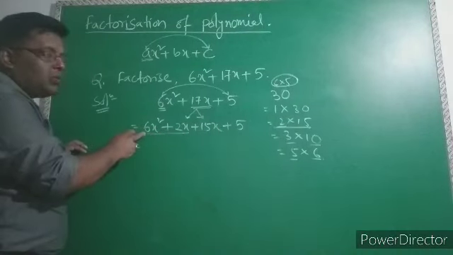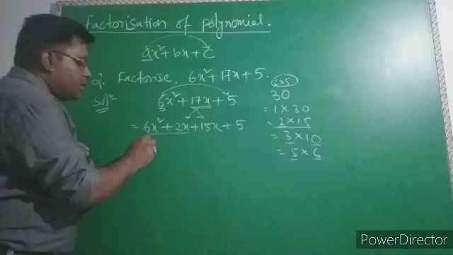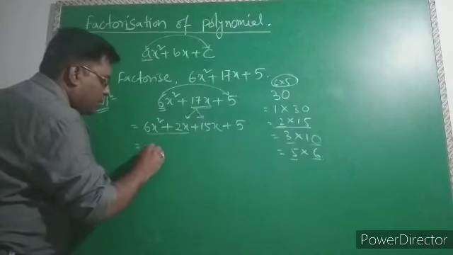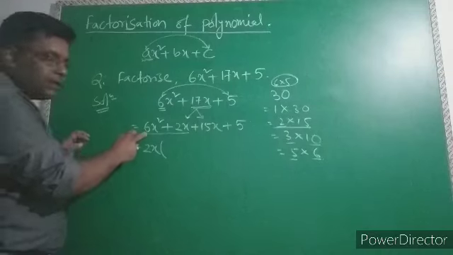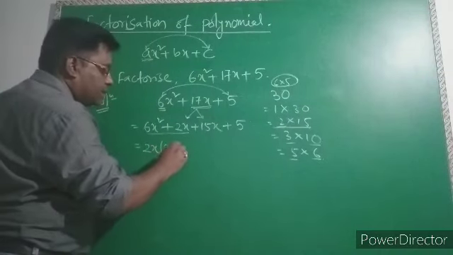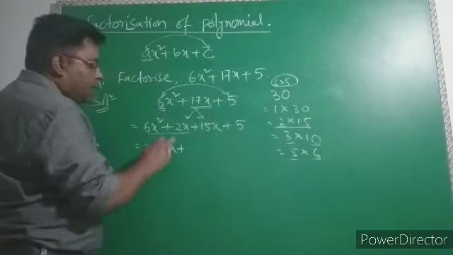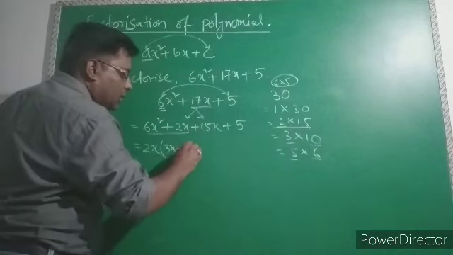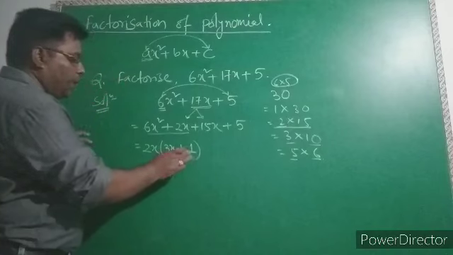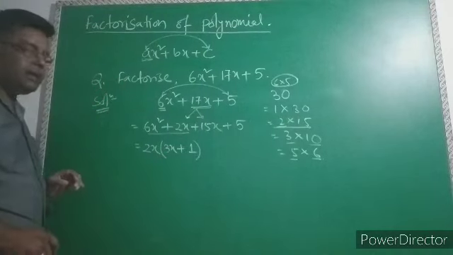This 6 can be written as 2 into 3, so 2 is in both. So 2x will be common. So here it is 3x. Next plus, so it's 2x. We take 2x common, so there will be 1 here.